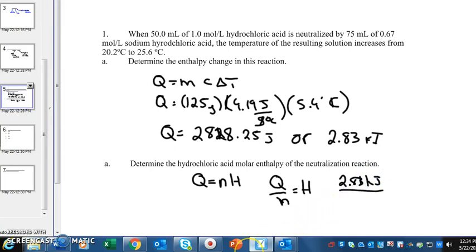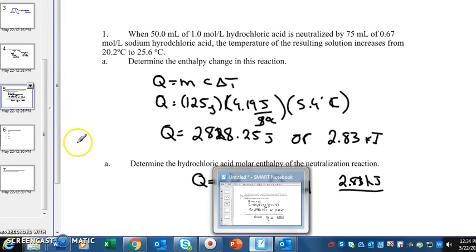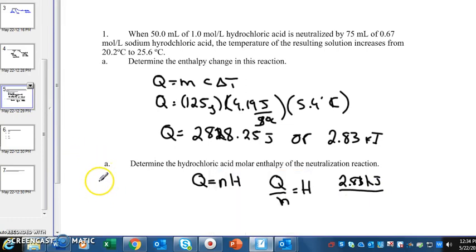And we're going to divide that by the number of moles. The number of moles of hydrochloric acid is equal to the concentration times the volume. And given the fact it's 1 mole per liter, 50 milliliters will get you 50 millimoles, or 0.05 moles.